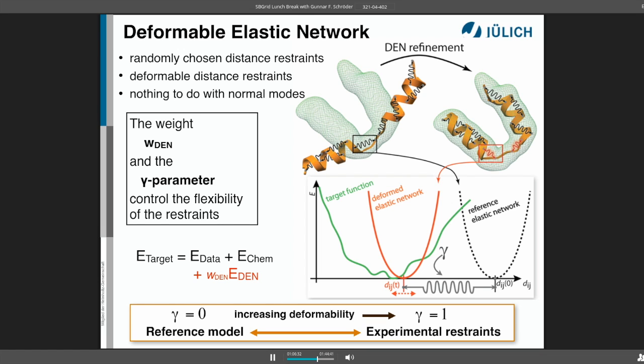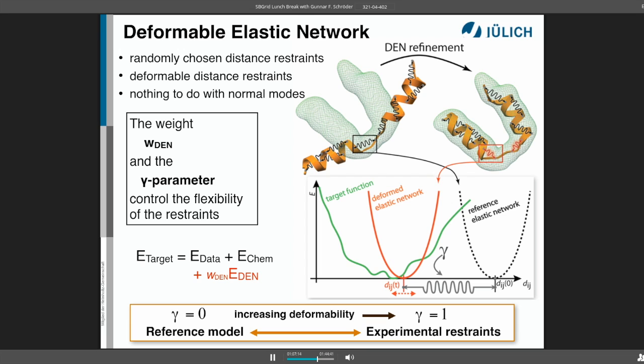That is done by choosing randomly two atoms, or atom pairs, that are within a certain distance range and connecting them with a spring. Then when we start to refine the structure into the density, you will see that some of the springs need to be compressed more than others. So some of the atom pairs need to change their distance more than others. Like the helix pieces, for example, they fit quite easily into the density without any further deformations. But then there's this one distance restraint, or this one atom pair, that I boxed out in this red box.